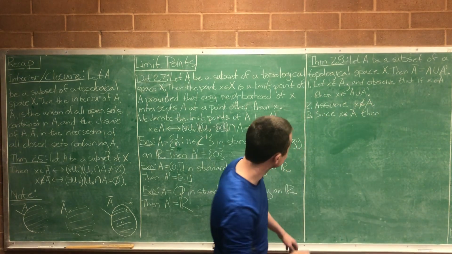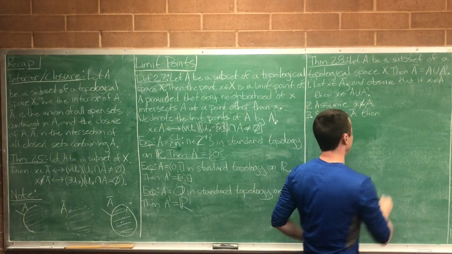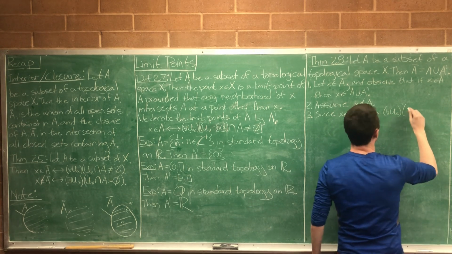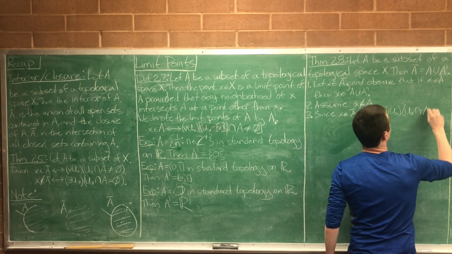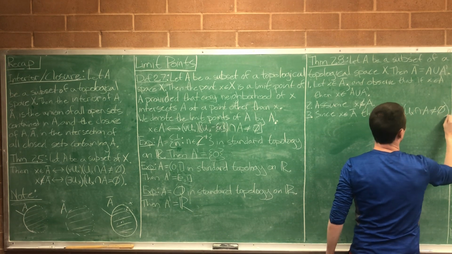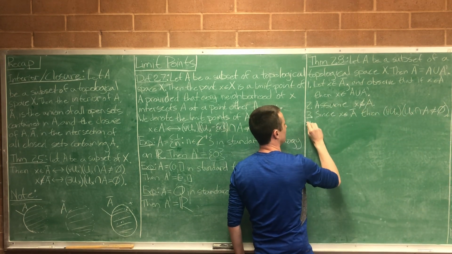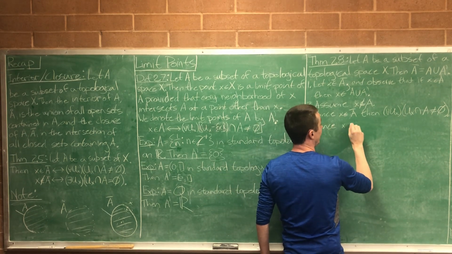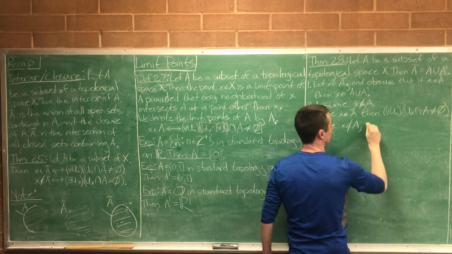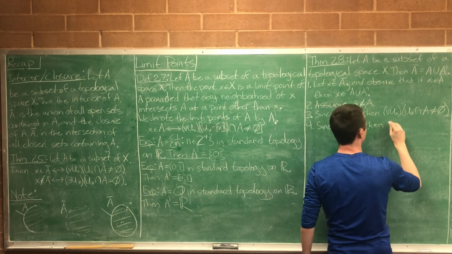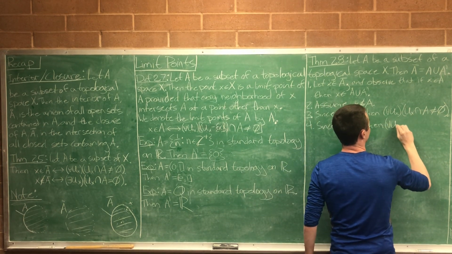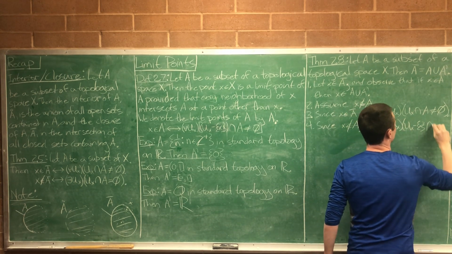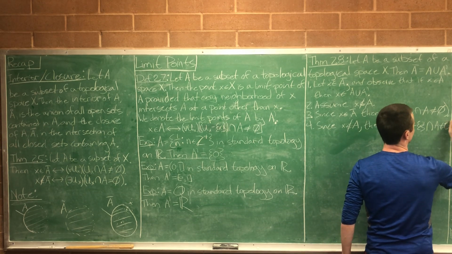Okay. So since x is in the closure of A, then for all U sub x, U sub x intersect A is not equal to the empty set. Since x is not in A, then for all U sub x, U sub x minus the set containing x intersected with A is still not an empty set.